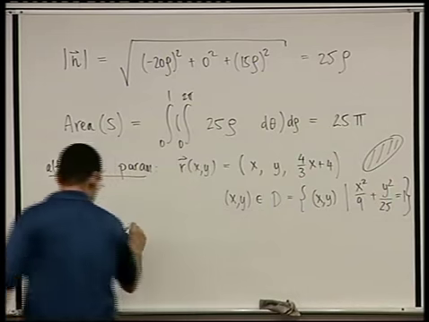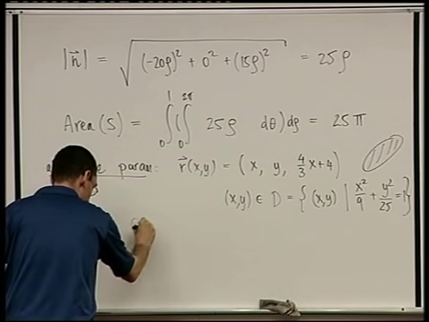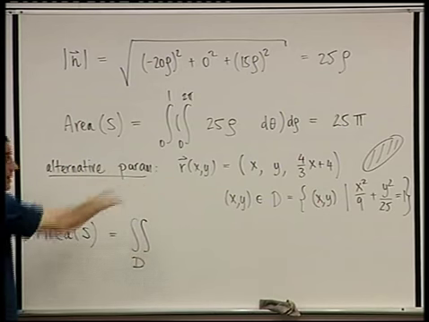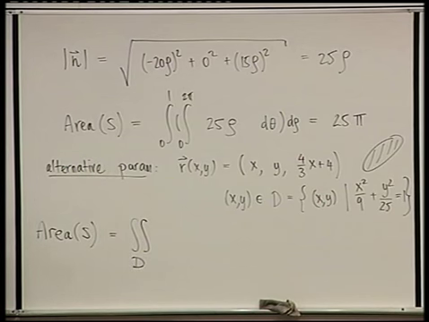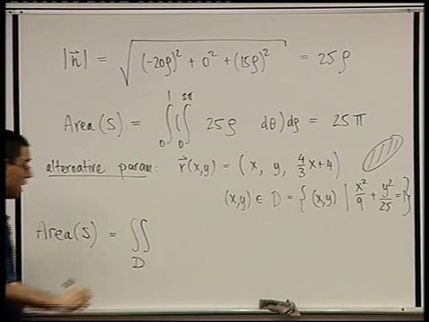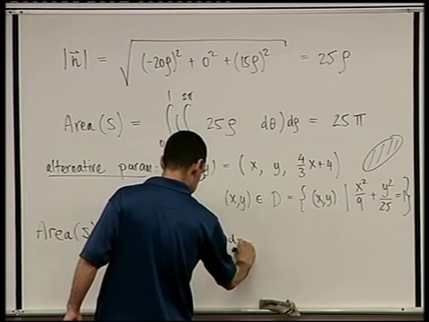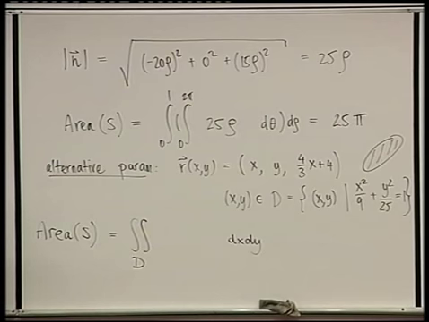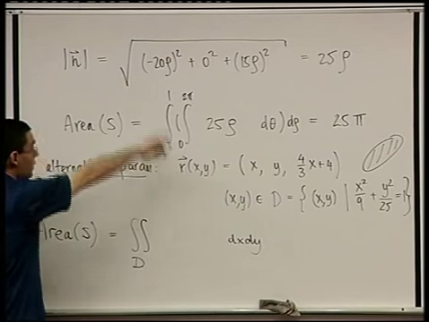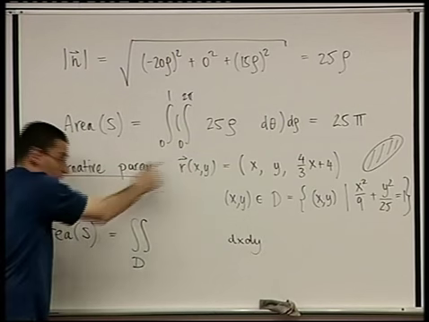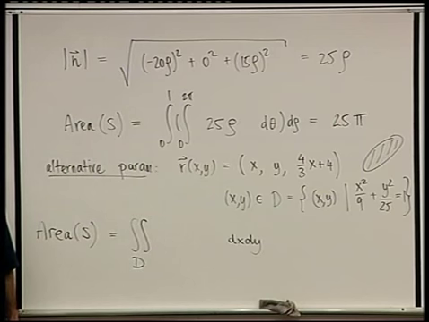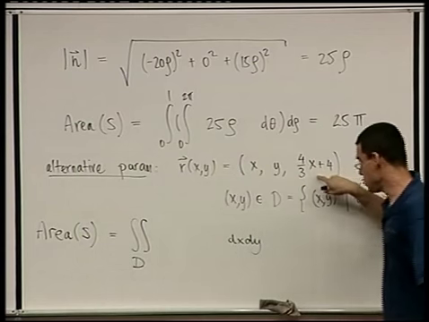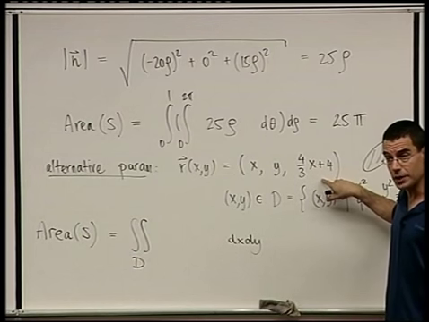So the area is the double integral over D, the ellipse on the xy plane, dx dy. And what do we need to integrate? We need to integrate the length of the normal in this new parametrization. What is the normal for a parametrization which is the graph of a function?